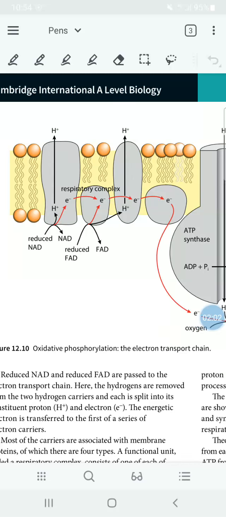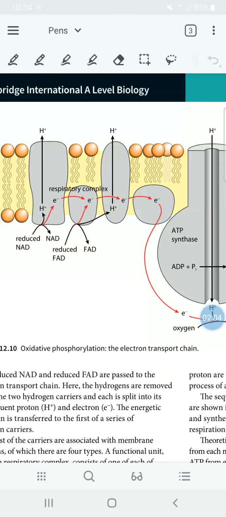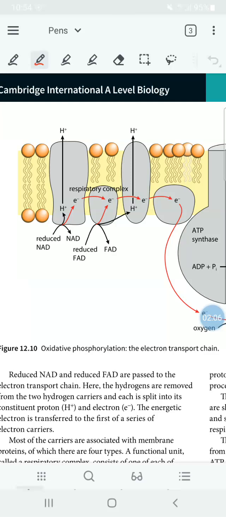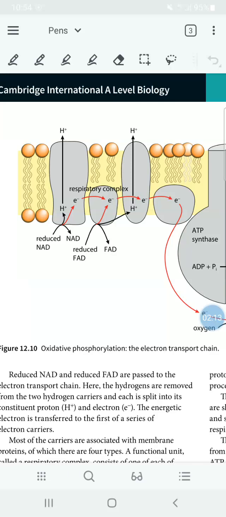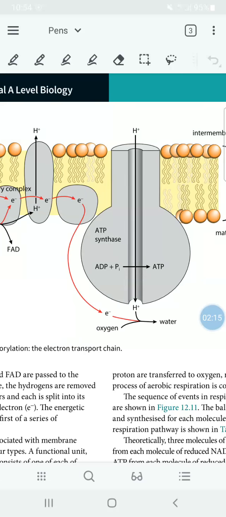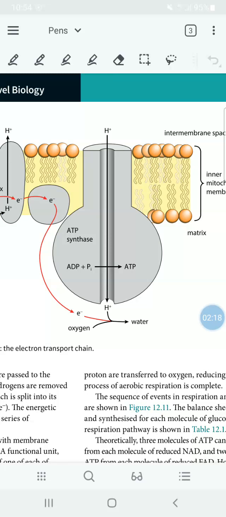So this thing, as you can see here, happens in a part called the respiratory complex. So this is a respiratory complex. We will understand why they are known as such and what exactly happens there. So these electrons get transferred here, and then combine with H plus that comes through the membrane and joins with oxygen to produce water, right?